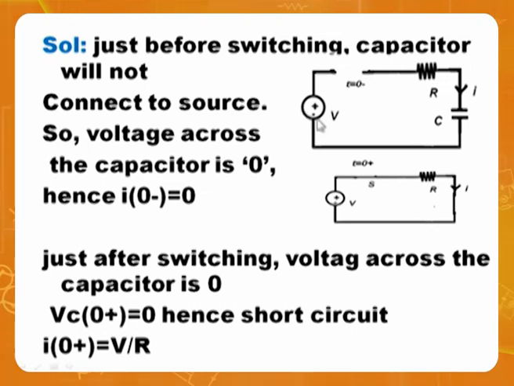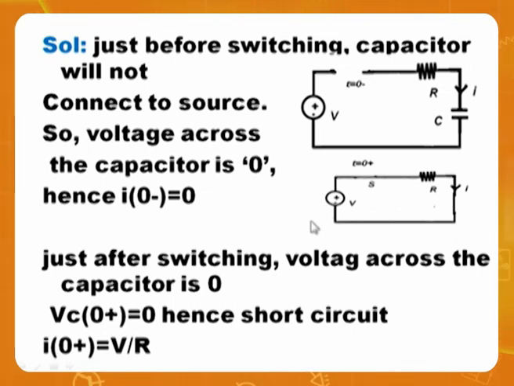No. If this capacitor is not connected to the source, will it develop any voltage? No. Capacitor develops voltage. Inductor develops current. So no voltage here. That means even after switching, voltage is 0, because whatever voltage developed here, which is 0, is passed on here. Voltage across a capacitor cannot change.